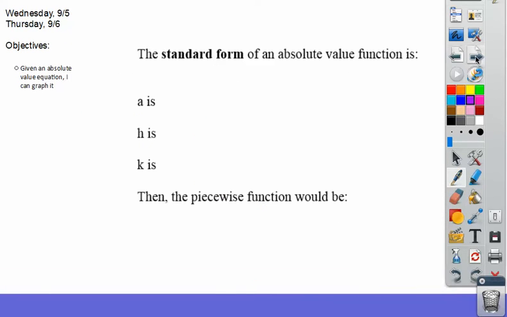Okay, standard form of an absolute value equation: y equals a times the absolute value of x minus h, plus k. A is my stretch or shrink factor.